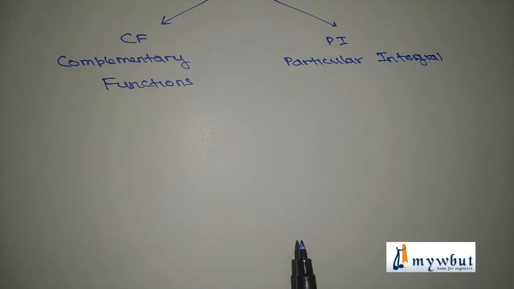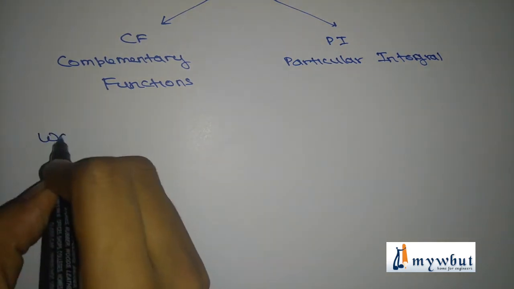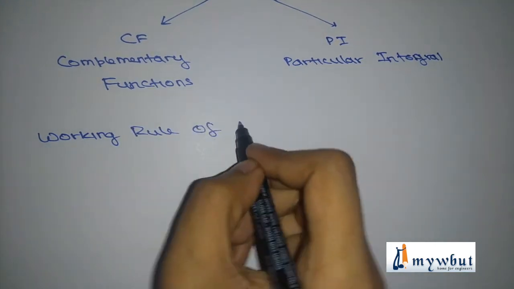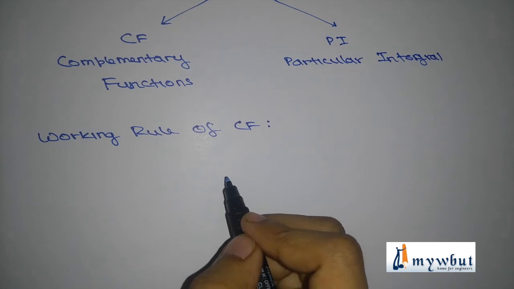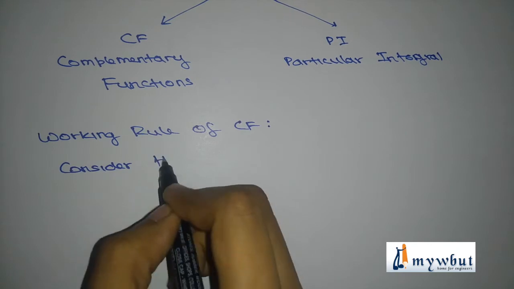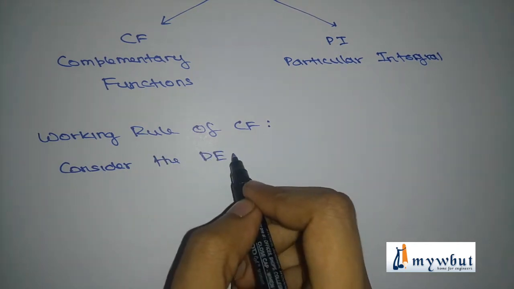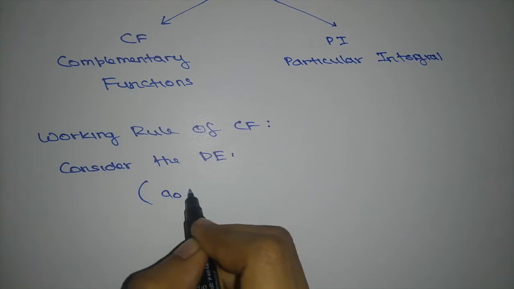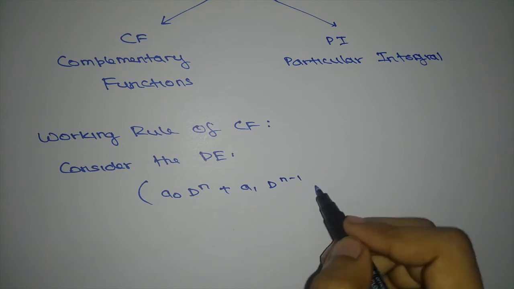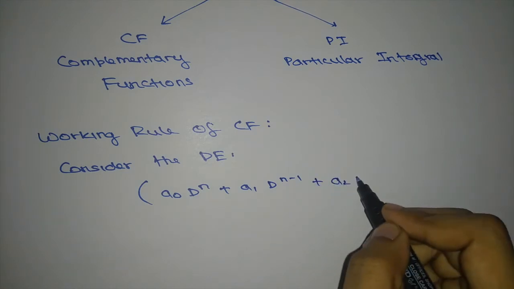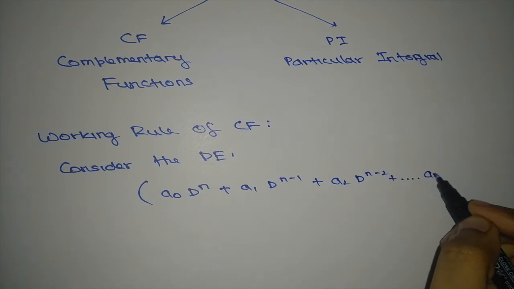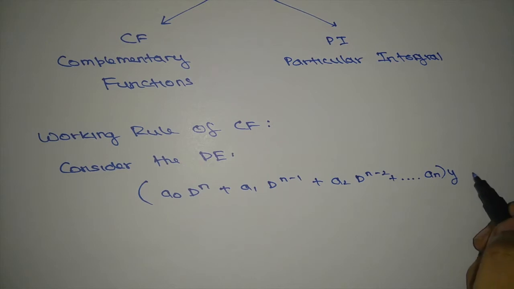So the working rule of CF or complementary function. So let's consider the differential equation of the form a naught D^n plus a1 D^(n-1) plus a2 D^(n-2), as we have done previously, similarly, an, whole y is equal to q.